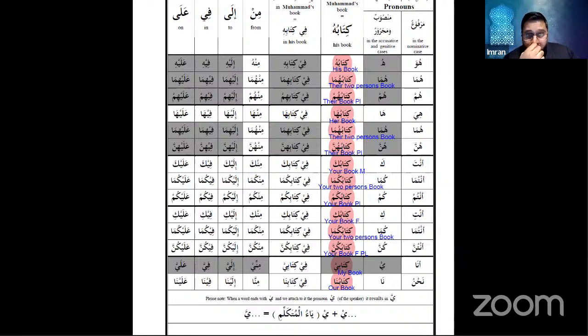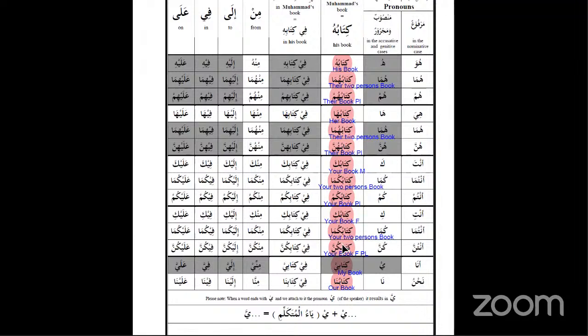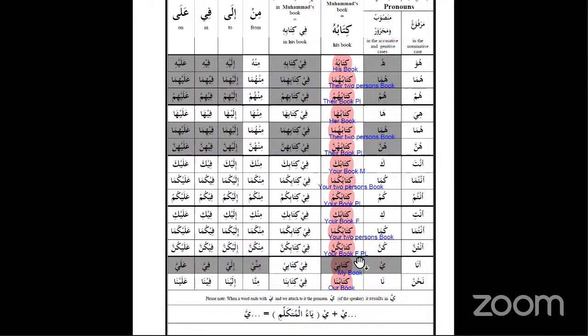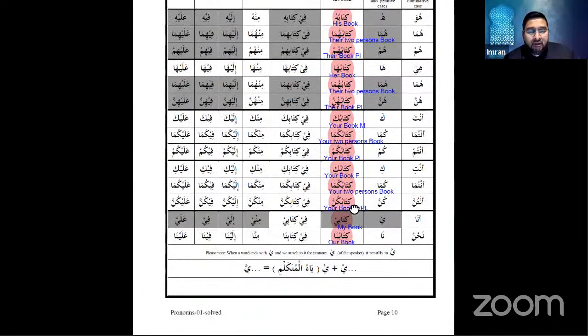So what about two females and two men? It's the same thing, both of them are the same. Qalamukunna is plural feminine, your pen. Correct. And our and my?